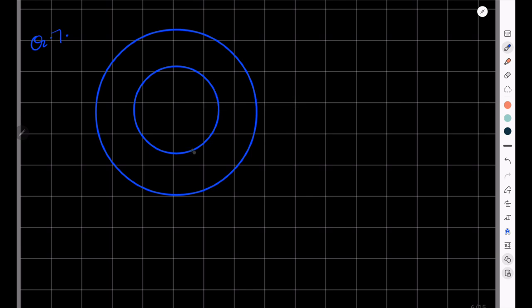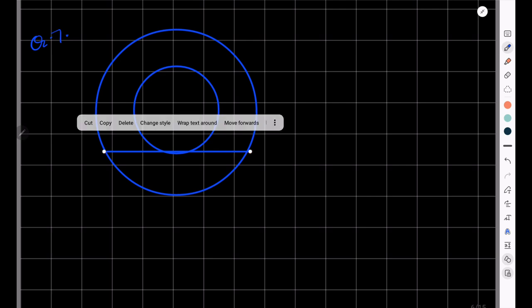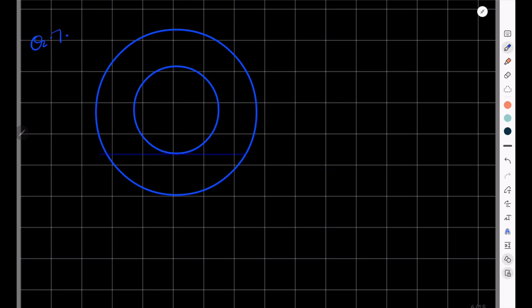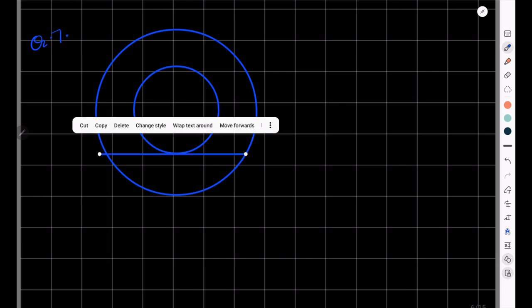Yeah, so it's not perfect, but let us assume that this is what it is. Find the length of the chord of the larger circle which touches the smaller circle. Okay. So the chord it is talking about is of the larger circle, on the larger circle. So like this.